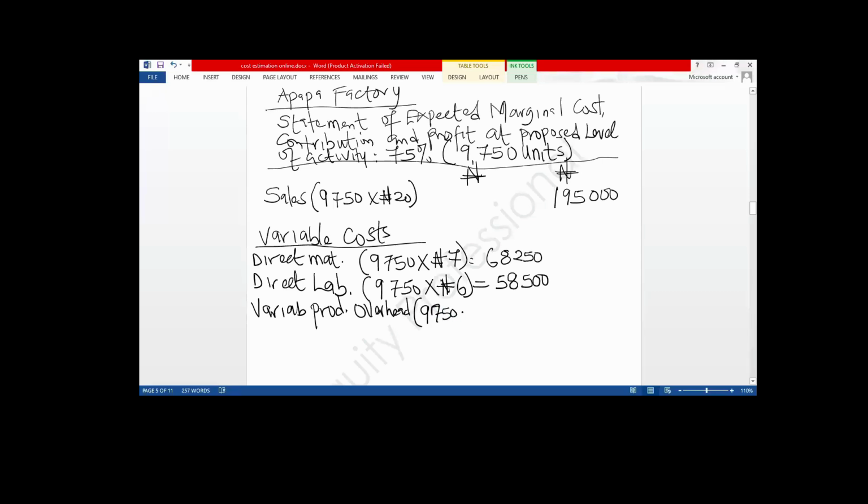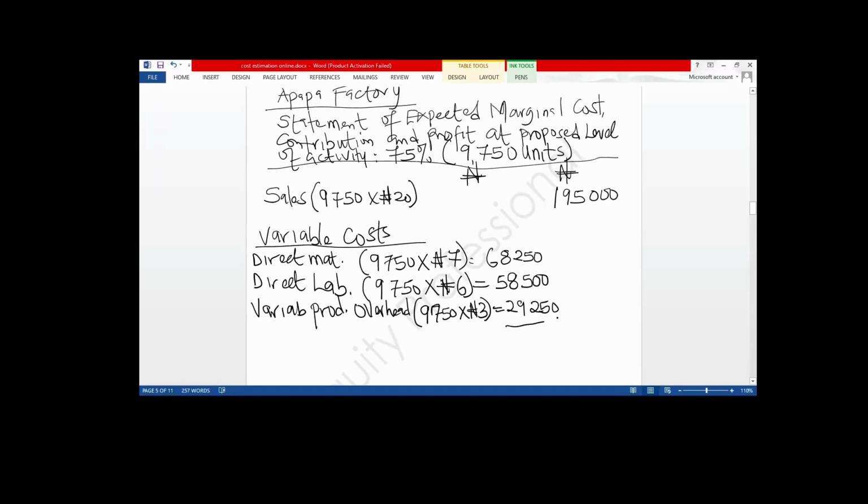What is variable overhead per unit? 3 naira. Let's multiply: 29,250.